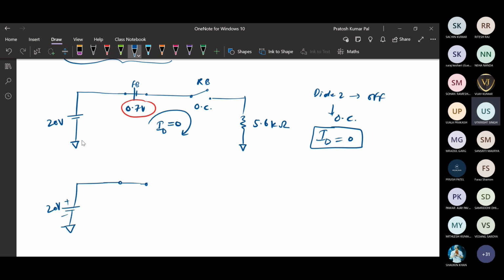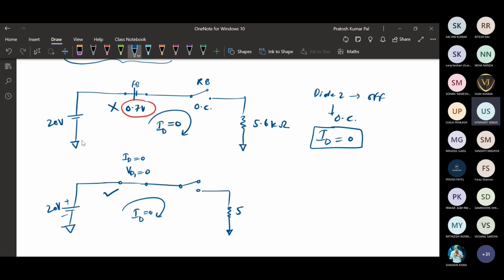It will behave like a short circuit diode. So the voltage drop VD1 will be equal to 0 as the current flowing through it is 0. As the current is 0, it will not have 0.7 volt across this diode. So this will be the correct equivalent circuit, and the previous one will not be the correct one.